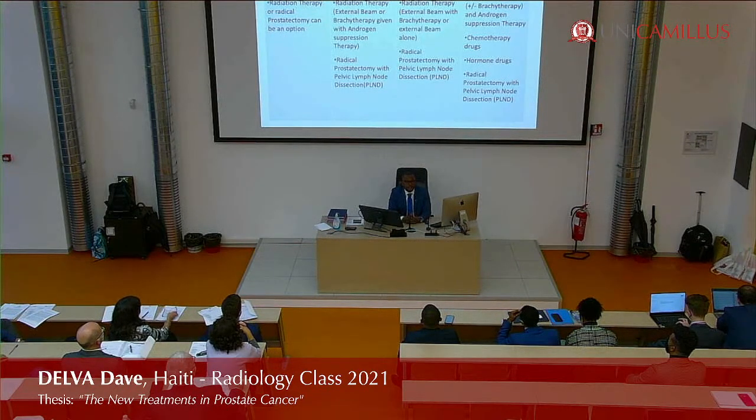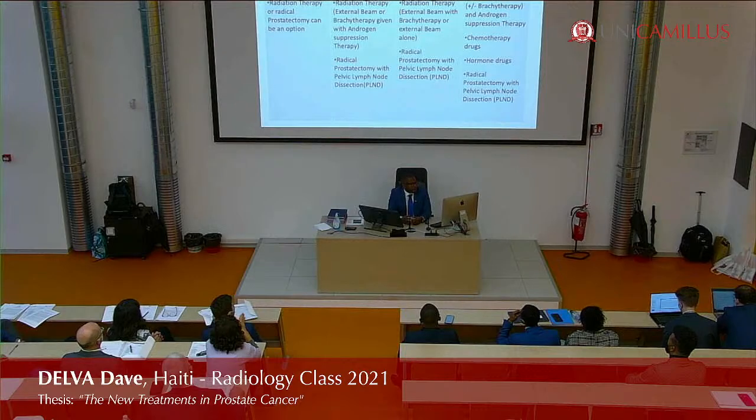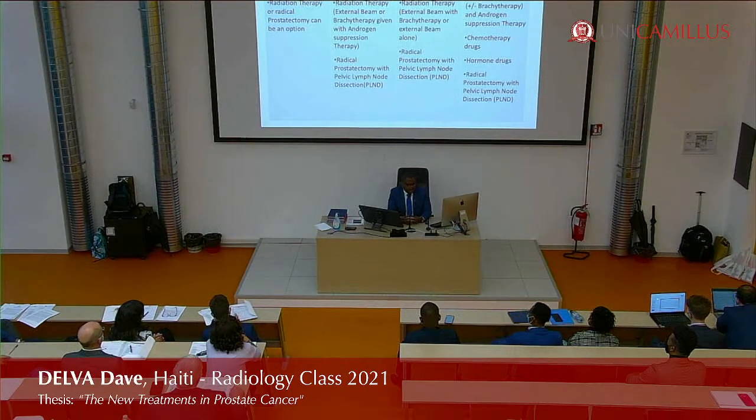The treatment of prostate cancer, as any cancer, depends on staging. We can go through active surveillance for very low risk patients, through surgery or radiation beam therapy for very high risk patients.